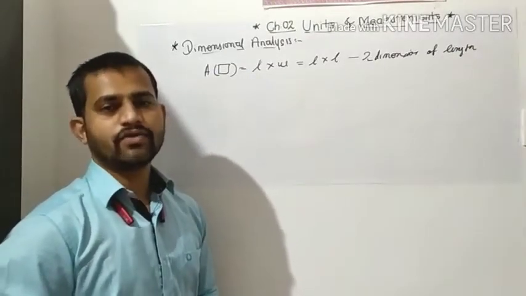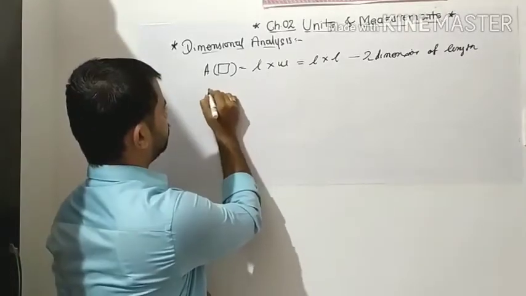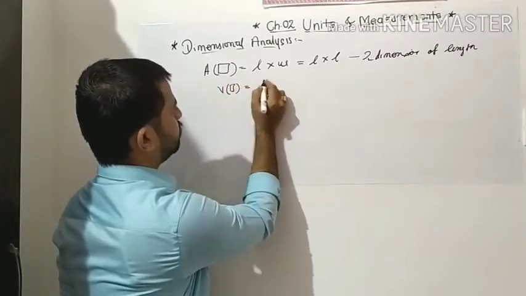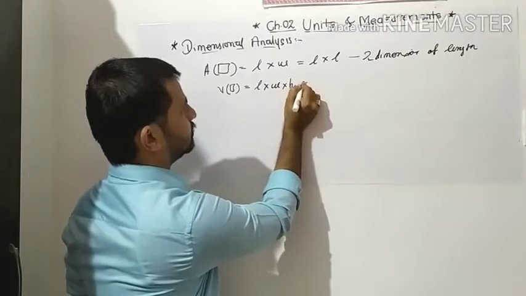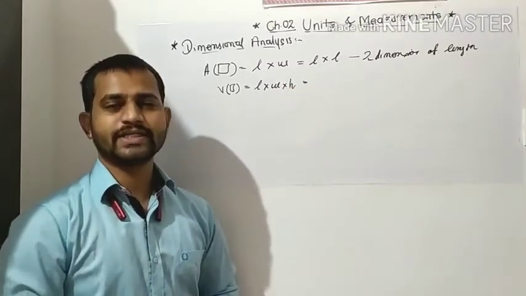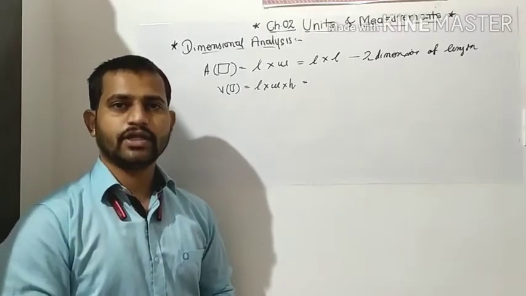Like this, we can go for another physical quantity like volume. Volume is equal to length into width into height. But what is the basic quantity behind the width and the height? It is nothing but length.